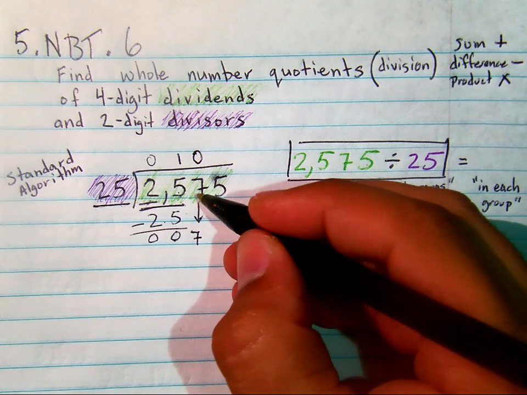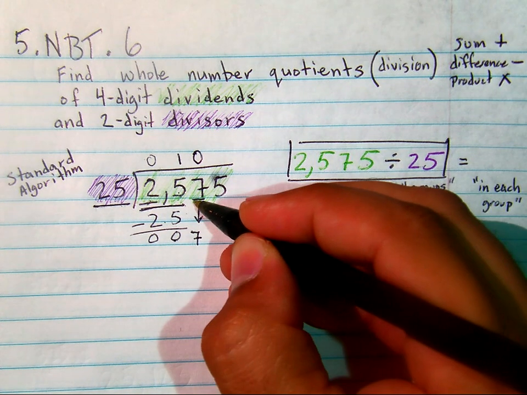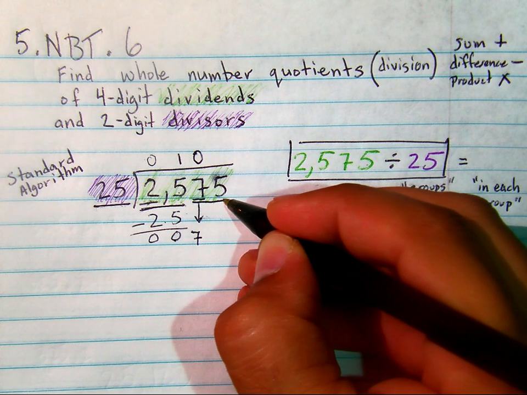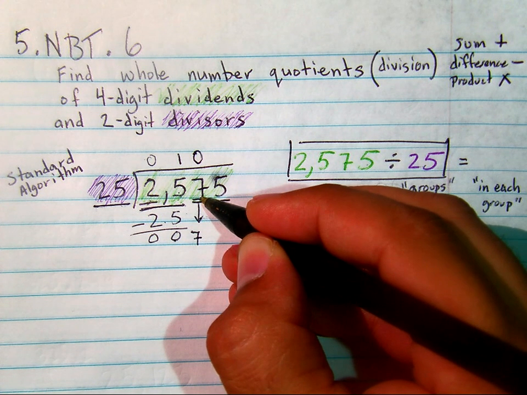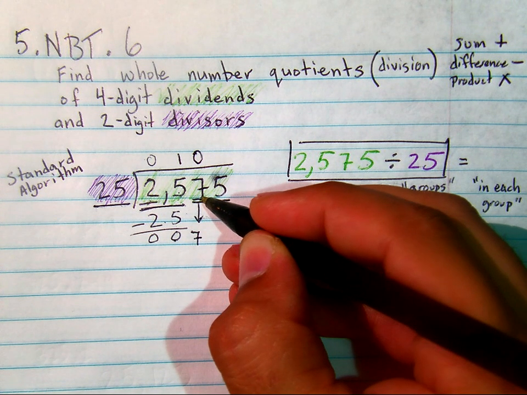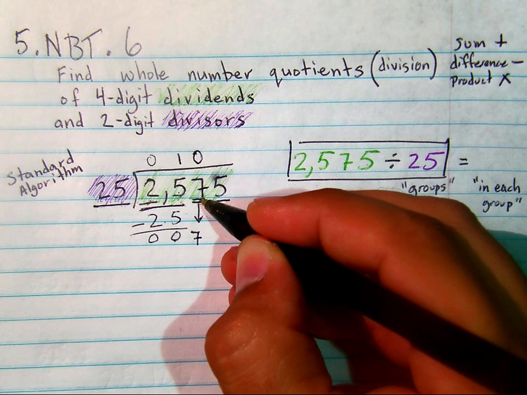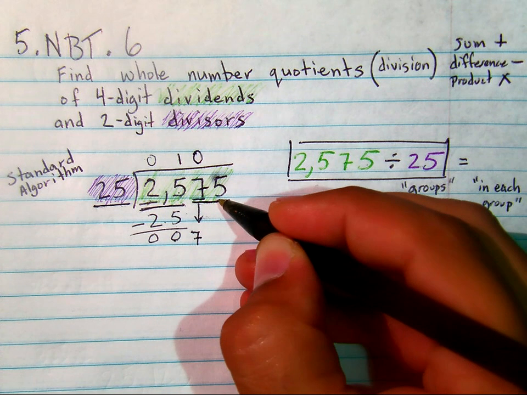But the good news is, even though we can't make it with that 7, we can make a group of 25 if we consider the 7 tens here, including the 7 tens with the 5 ones, and consider this 75 ones.